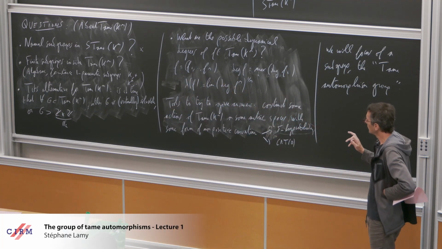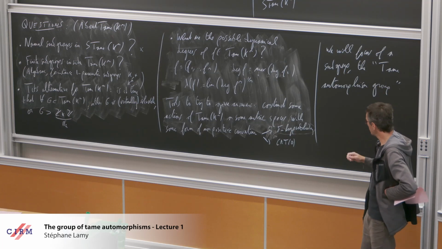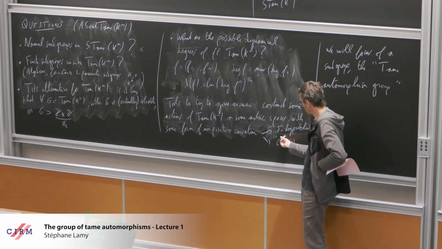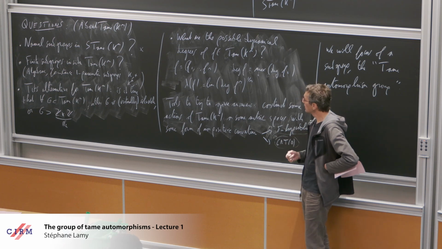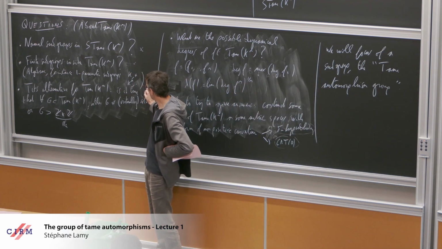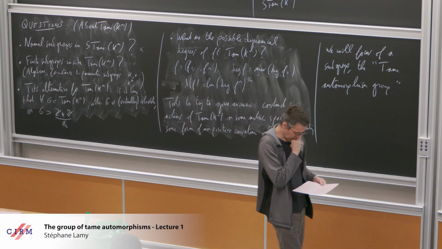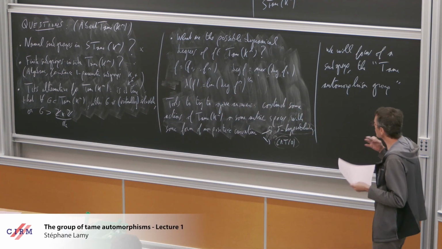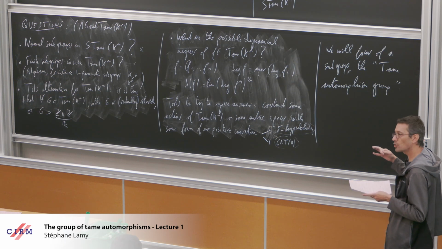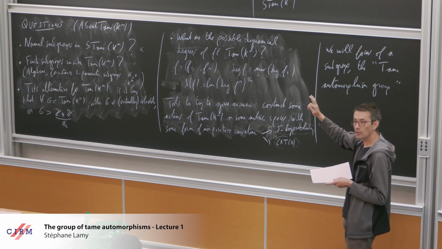And maybe this afternoon and tomorrow, we will see more a space with a CAT(0) property, and it will help to answer the finite subgroups and the Tits alternative. Okay, so I'm going to give you a construction of a metric space. The construction I can do for any field and any dimension.